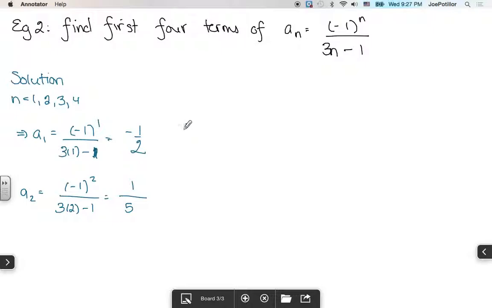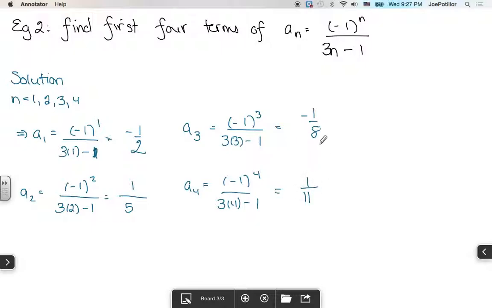And then a sub 3 is, of course, negative 1/8. And then a sub 4: negative 1 to the 4th over 3 times 4 minus 1 equals 1/11.